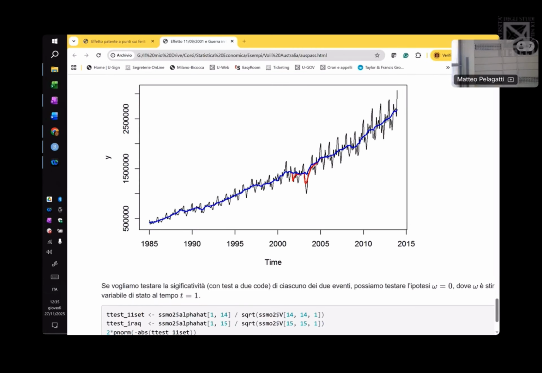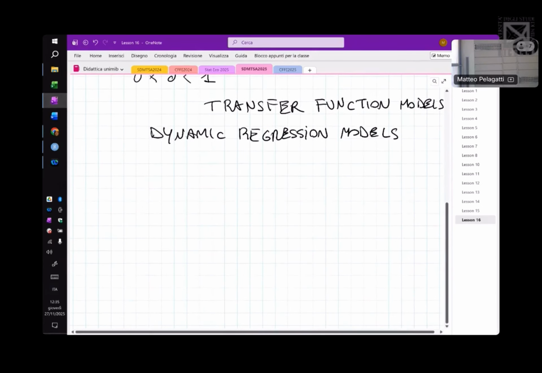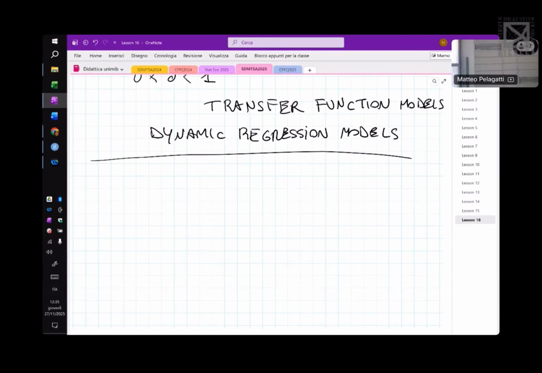So I guess I told everything I wanted to tell about UCM. I would just add this comment that I already made, but maybe we can formalize. As I told you, usually when we have non-stationary variables, we set the initial condition, usually the mean, to 0, and the variance we set to infinite, okay?